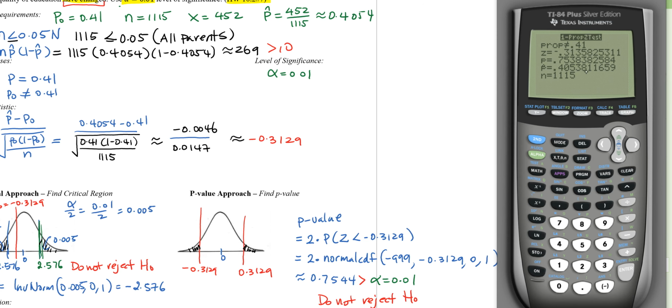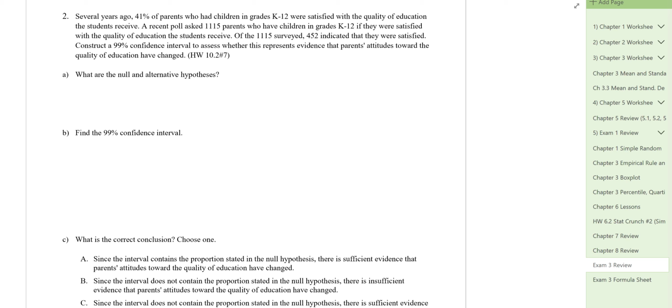All right, now let's go to do a confidence interval. This is the same problem here, but the only difference is I'm going to construct a 99% confidence interval to assess whether this represents evidence that the parents' attitude toward quality education has changed. Same problem, I just did it as a hypothesis test. Let's recall our hypotheses.